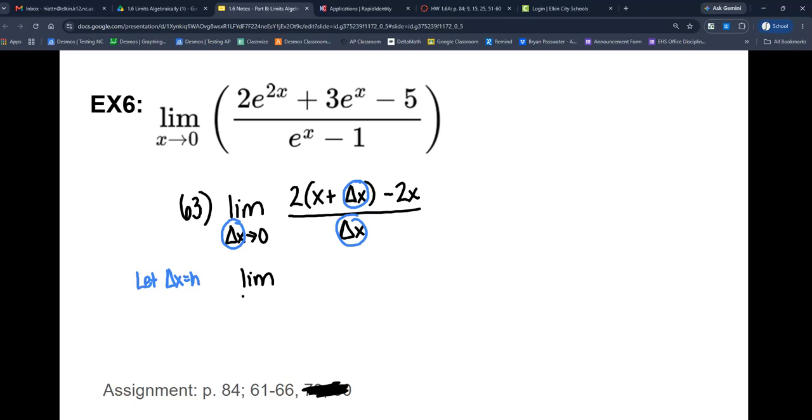Limit as h approaches 0, or just write it down with an h instead of a delta x in the very beginning. So 2 times x plus h minus 2x all over h, like that. So when you see that delta x, it could just be replaced with an h if it's confusing to you. You can keep it if you would like. It looks kind of fancy, but it's easier to calculate with an h.